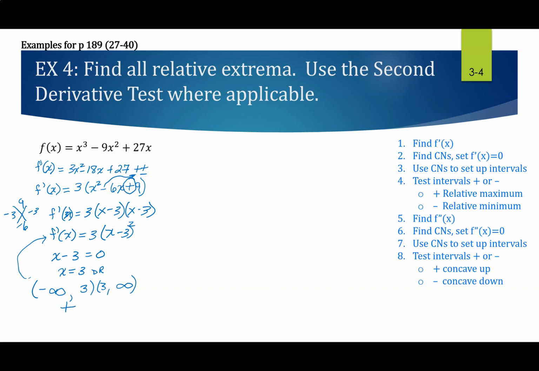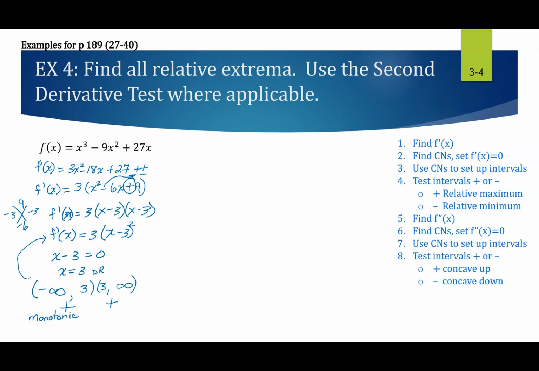Now, between 3 and infinity, something easy like 10. 10 minus 3 is 7. Square it, positive value times the 3, positive value. And that's because we had a double root. So notice nothing changed in this. This shows me that I have a monotonic function.